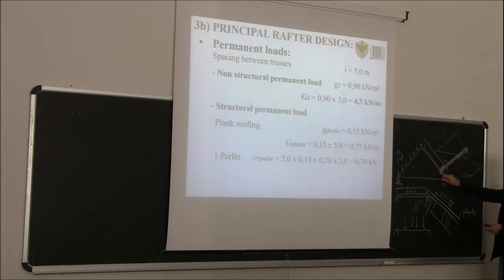With reference to this truss here, the weight transferred here will be half of the weight of the purlin going in the right direction and half of the weight of the purlin going in the left direction. So in the end, you could say that each purlin will transfer to the truss system underneath a load equal to the weight of the purlin itself.